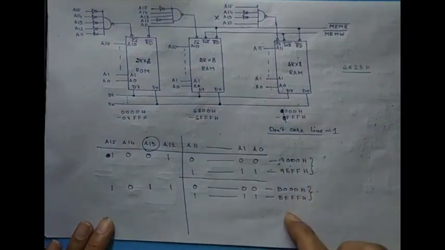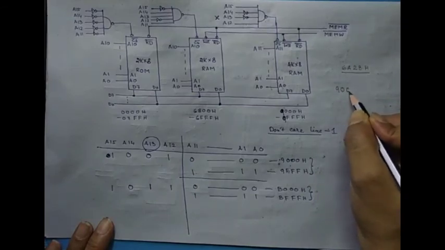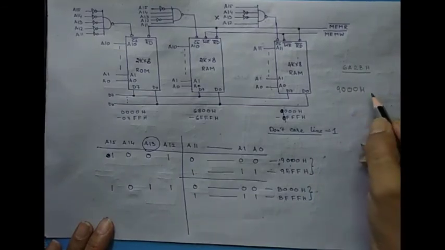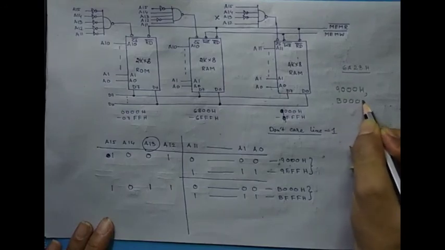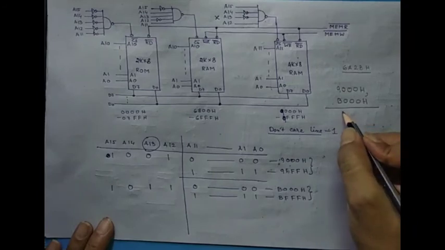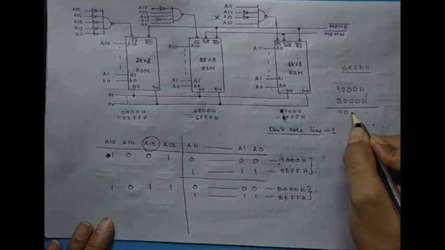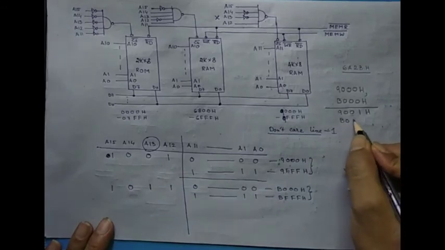For this example, the first location will get two addresses. One address is 9000 hex. The other address is B000 hex. Similarly, the second location will also get two addresses. One is 9001 hex. The other one is B001 hex.